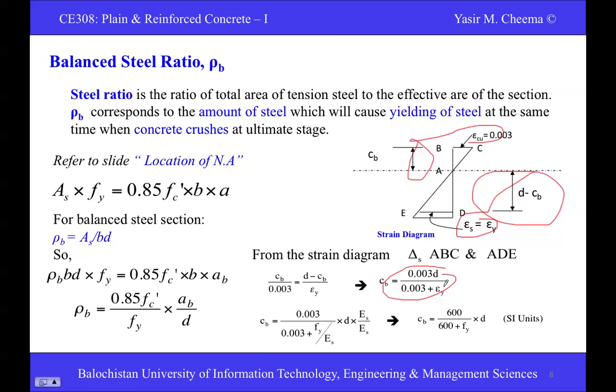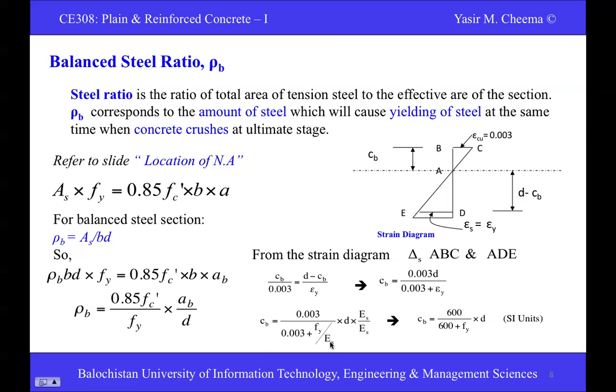अब epsilon y is equal to yield stress over Es, modulus of elasticity. Clear है? आपने पहले रिलेशन पढ़ा था, मॉडुलस ऑफ इलास्टिसिटी आपने पढ़ा हुआ है। स्ट्रेस और स्ट्रेन का मॉडुलस ऑफ इलास्टिसिटी से रिलेशन आपने पढ़ा था। Same thing is here.